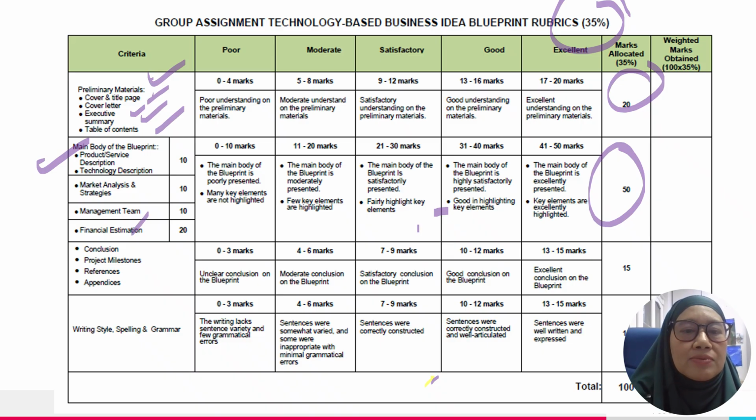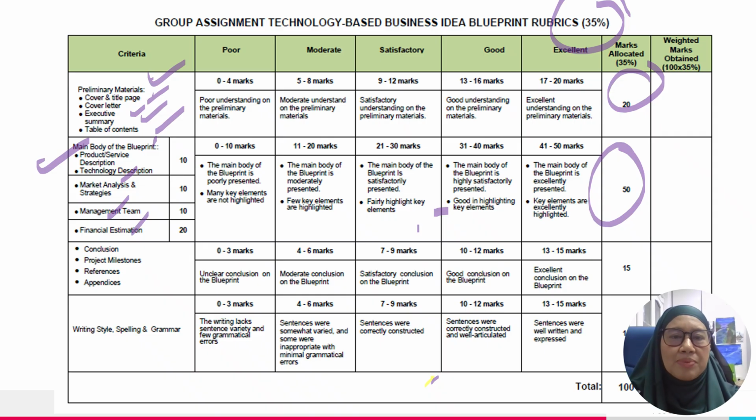Okay. So to achieve an excellent grade, every section should be complete and coherent. Your product or service description should clearly explain what problems you are solving and why your solution is innovative.